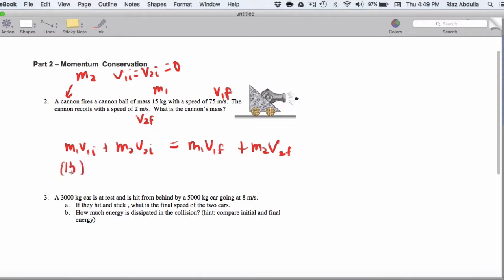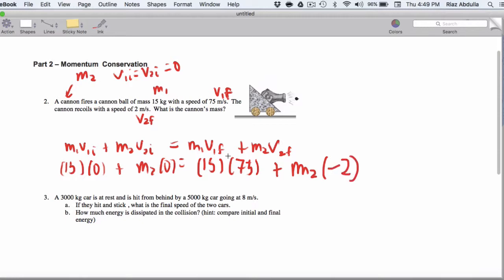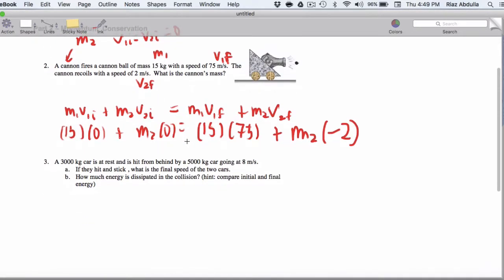So 15 at 0 plus the unknown cannon mass at 0 equals M1 going forward, to be clear, M2 at 0 equals 15 going forward at 75 plus our second mass, which is the cannon, recoiling at a speed of -2. So make sure we write that backwards.